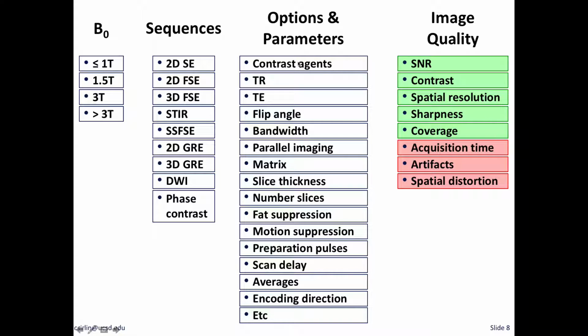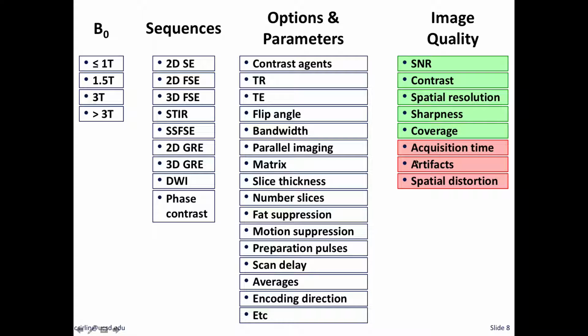So we're often trying to apply different sequences with different options and parameters while taking into account the magnetic field strength in order to maximize the stuff in green while balancing and trying to minimize the stuff in red, and it's always a compromise.